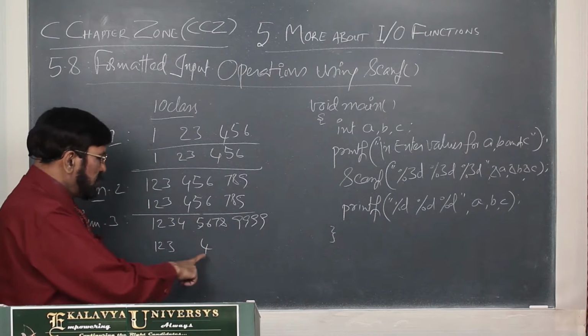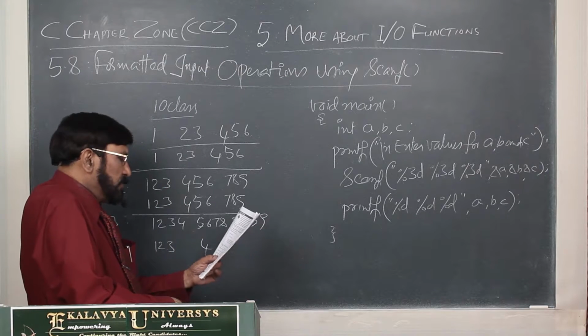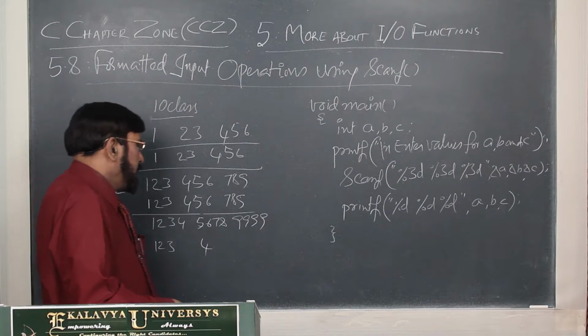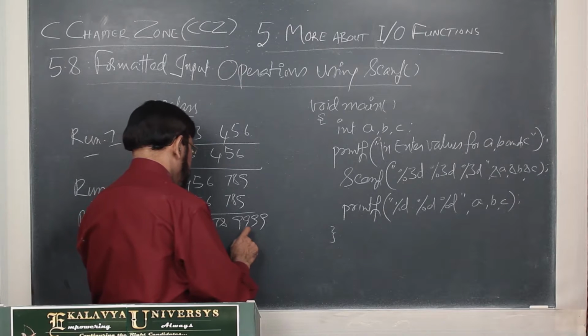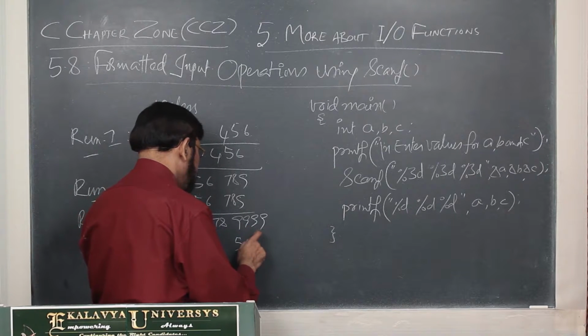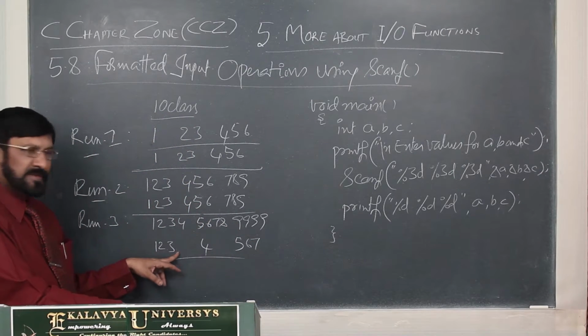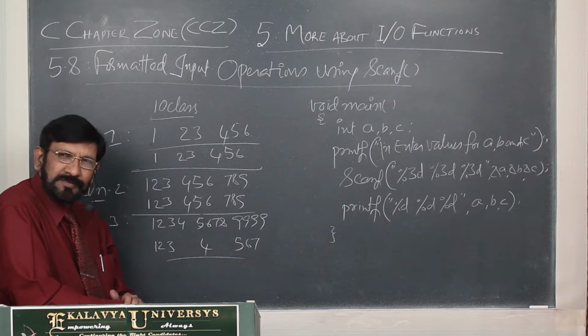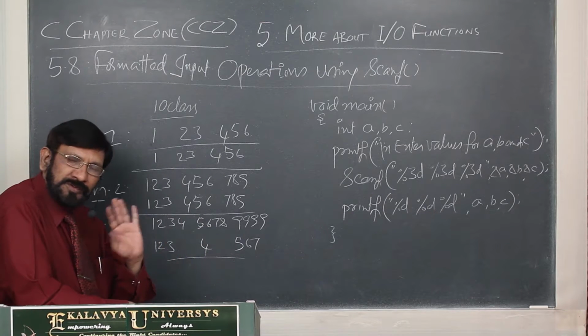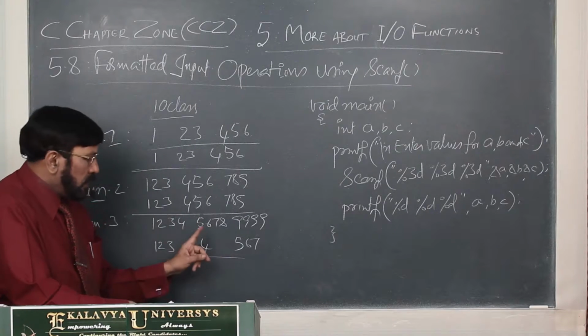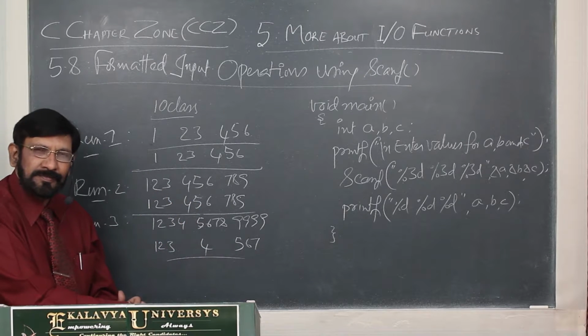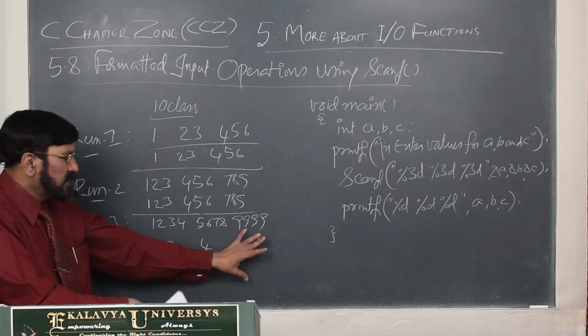What is the subsequent value? B. That is, 4 is printed. And as far as C is concerned, 5, 6, 7 are printed. Now you see, these are the input values and these are the output values. There is no syntax error, but unexpected, undesirable results occur.